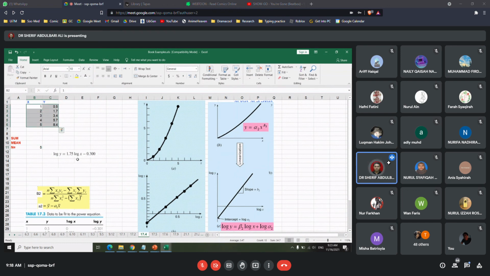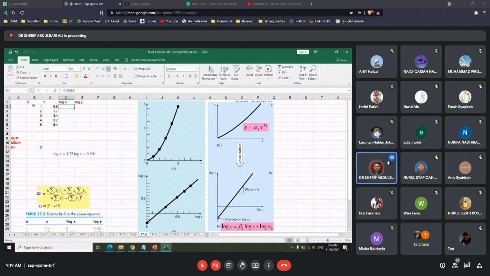Since this one is a power equation, to transform it to be a line, I need to log the value of y, and also I need to log the value of x. So I need to log the value of x, and I need to log the value of y.